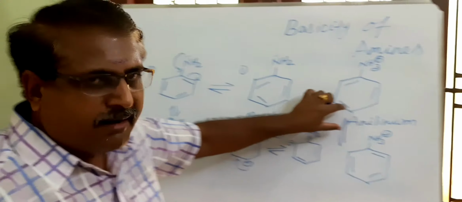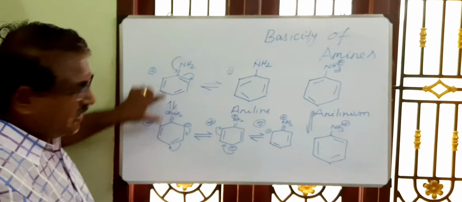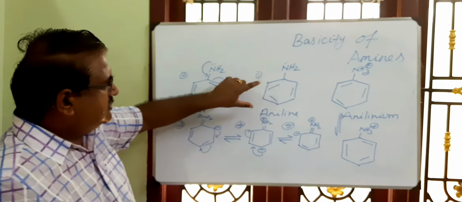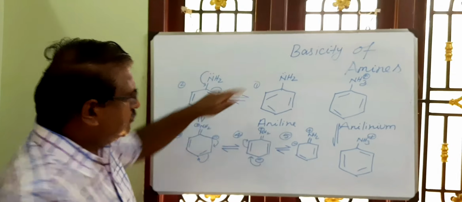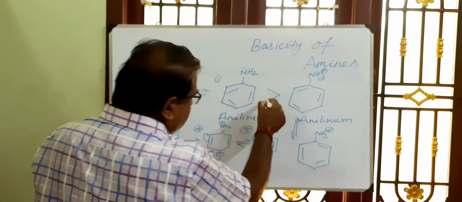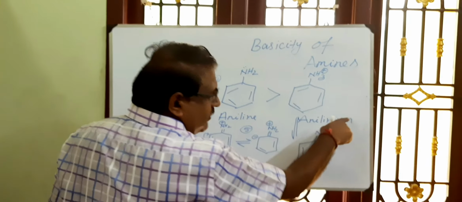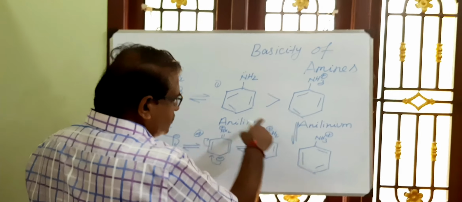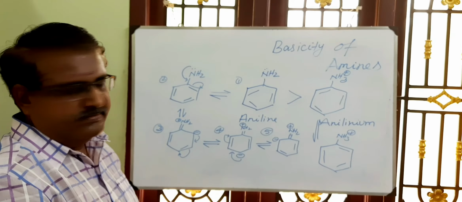So the anilinium ion has only 2 resonance structures, whereas aniline has 5 resonance structures. Since aniline has 5 resonance structures, aniline is much more stable than the cation of this amine, that is the anilinium ion. So aniline is more stable than the anilinium ion. So aniline is a weak base.